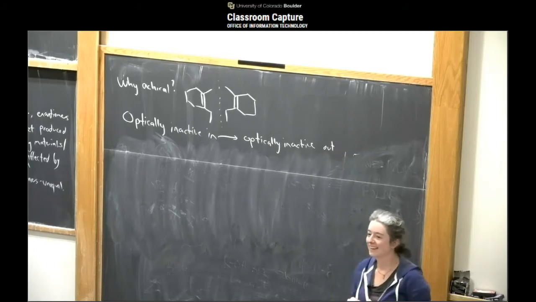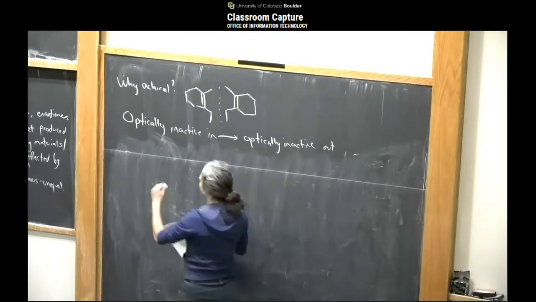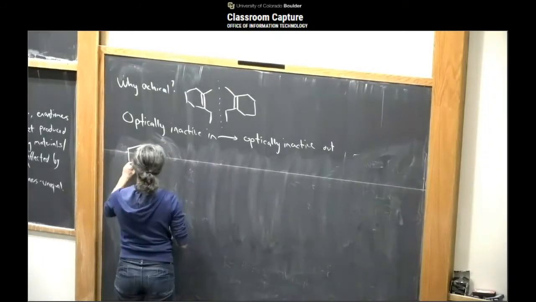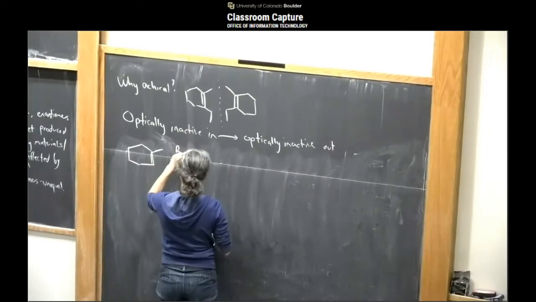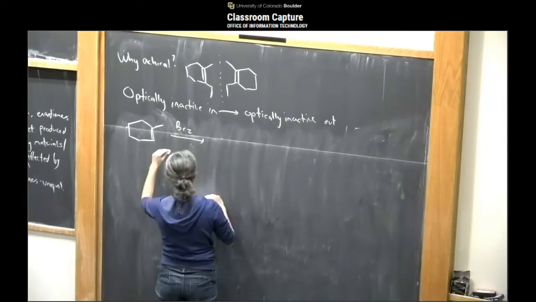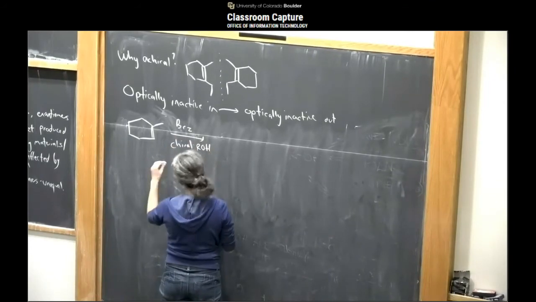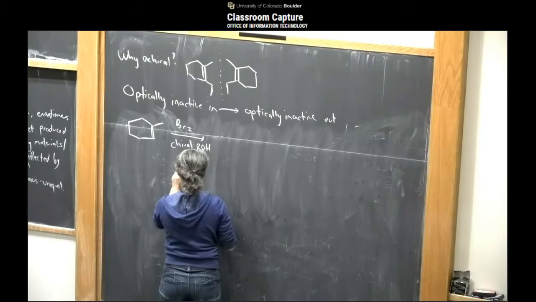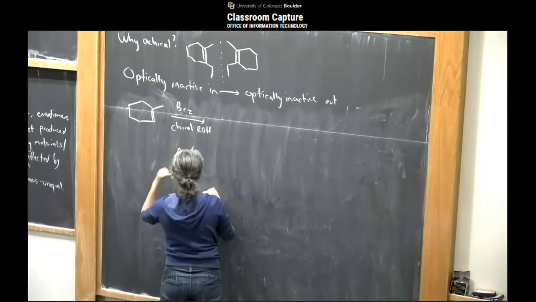Excellent question. For those who couldn't hear that, what if we do Br2 and a chiral alcohol, like, let's do this one, which I guess would be (R)-2-butanol.